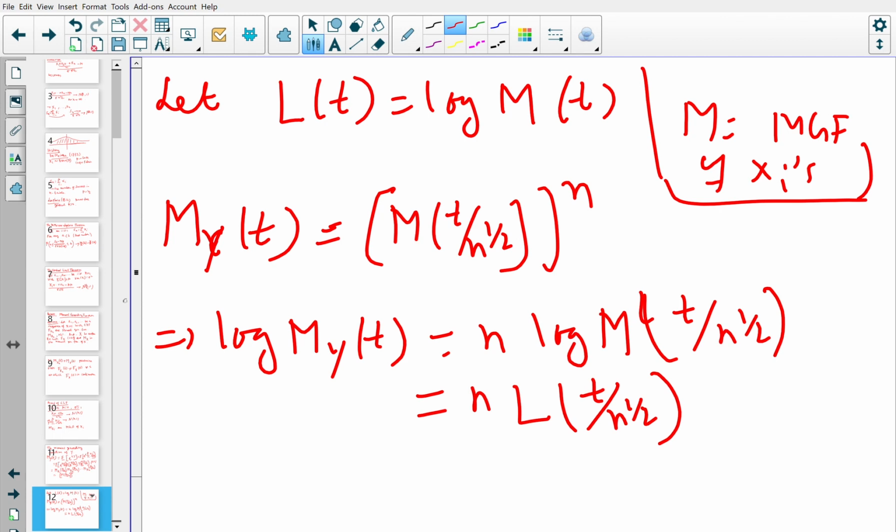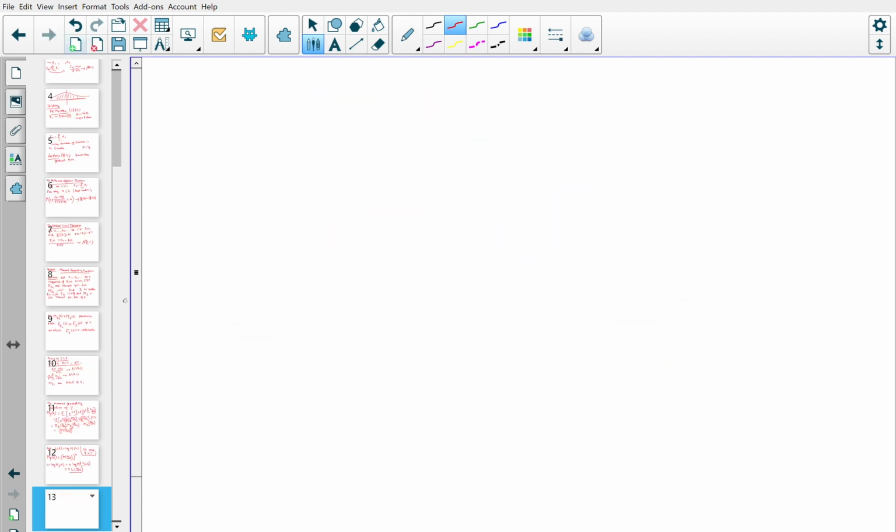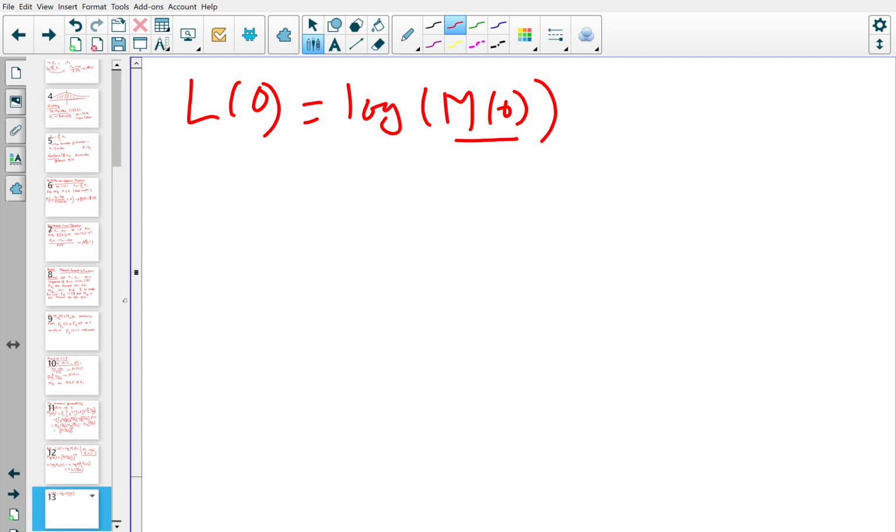Now note that one thing you need to check. To check this limit, you see how this thing looks. What is L of 0? L of 0 is nothing but the logarithm of m of 0. By the property of the moment generating function this is 1, so this is nothing but log 1, which equals 0.